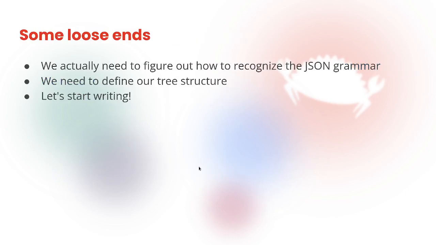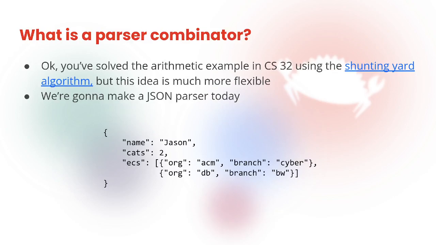Okay, some loose ends from all that theory talk. We actually need to figure out how to recognize the JSON grammar, because we recognize it as humans. Like we can say, oh, this is valid JSON, or we can say, oh, this is missing a colon, or this is missing a comma. But how can we put that into a program?